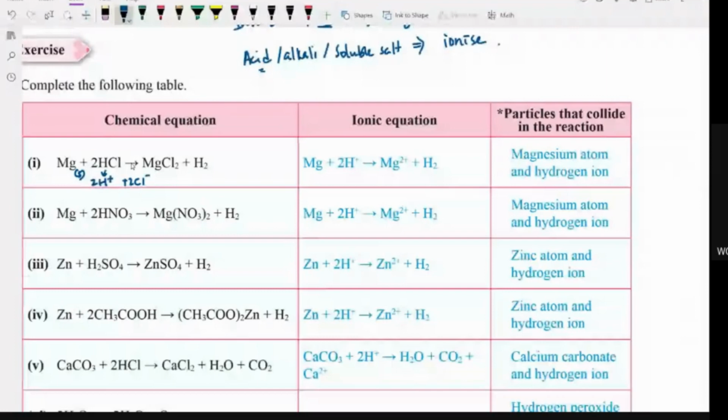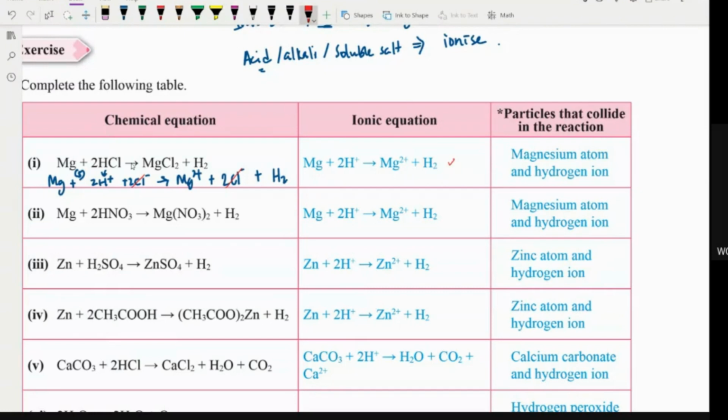Hydrogen is a gas, maintain it. Magnesium is a solid, so maintain it. Same ions, we cancel them, so chloride cancels. The maintained ones are magnesium and hydrogen. So this is the ionic equation.